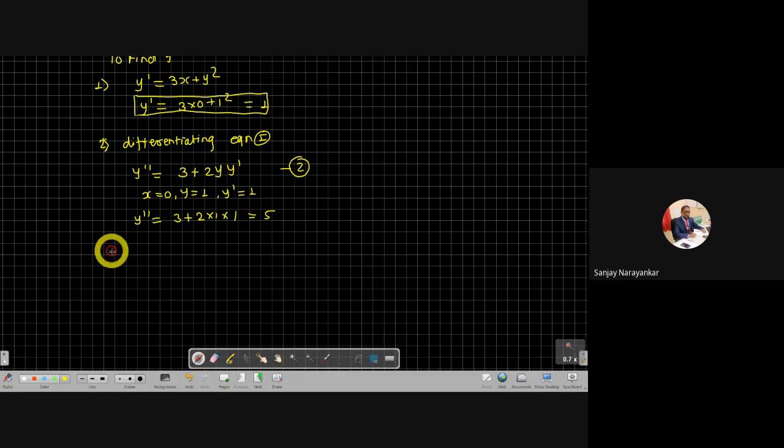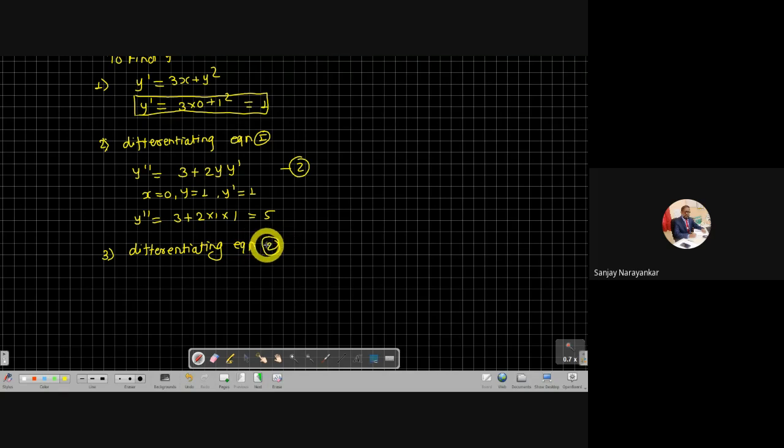Now third, what we want is y triple dash. So what we are doing is differentiating equation number 2.